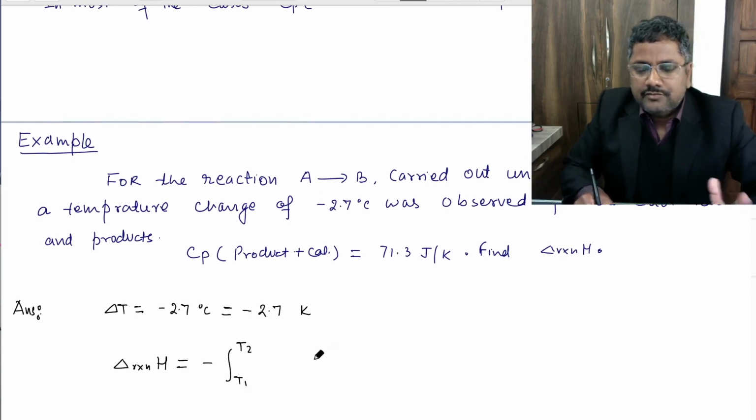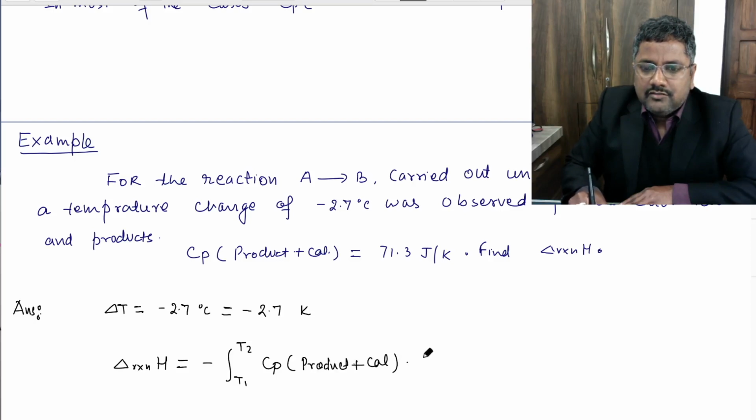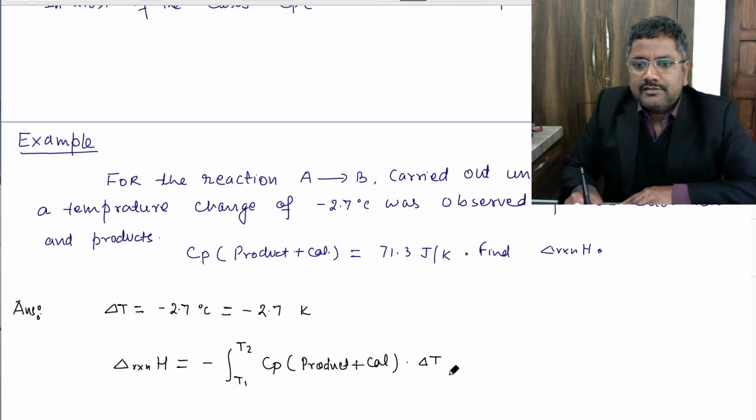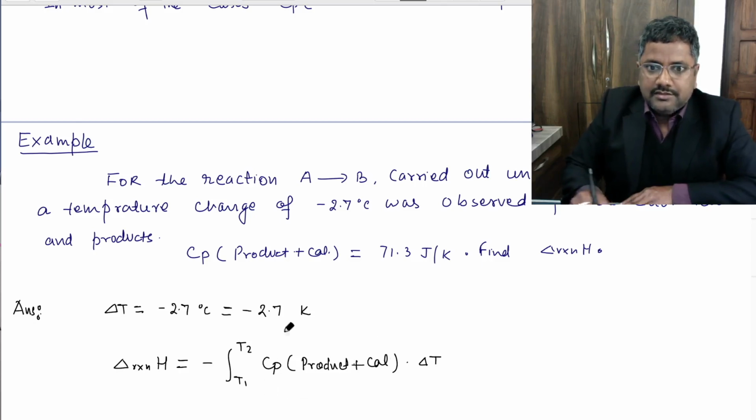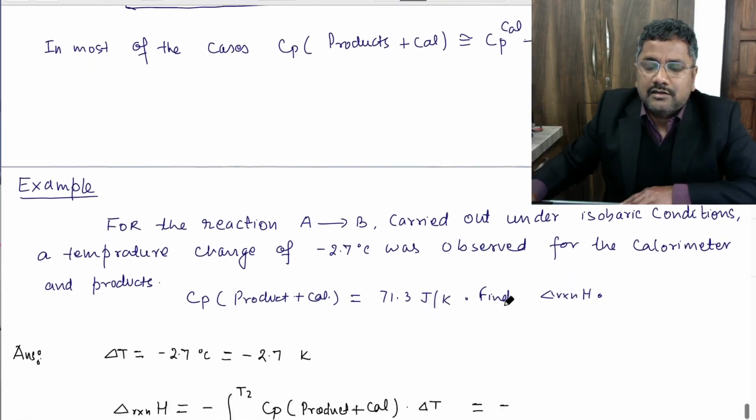So if you remember the measurement of delta H, what I have explained to you, then you can very easily find out this Cp of this product plus calorimeter into delta T, right? So we can write here minus T2 minus T1, and delta T already is given here, or dT.